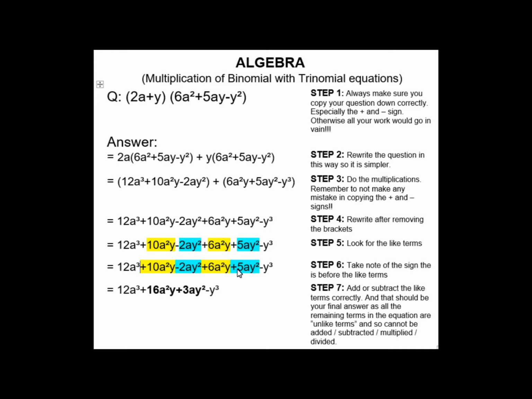If you add 5 to minus 2, what does that give you? Let's count backwards. Minus 2, minus 1, 0, 1, 2, 3. So 5 added to minus 2 gives you a positive 3. We write the answer here, positive 3ay square. And this minus y cube would just come down.